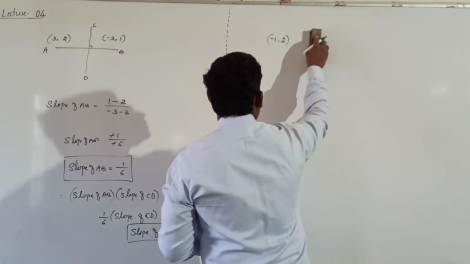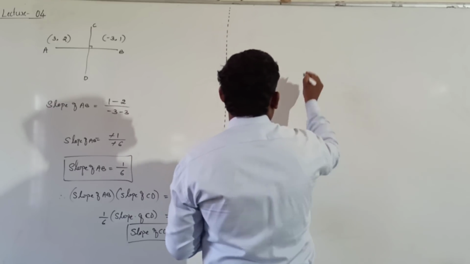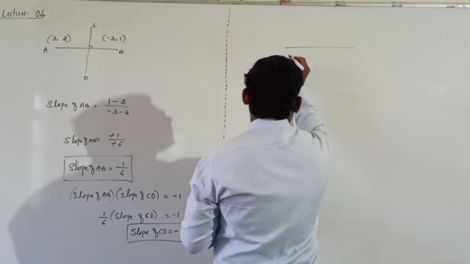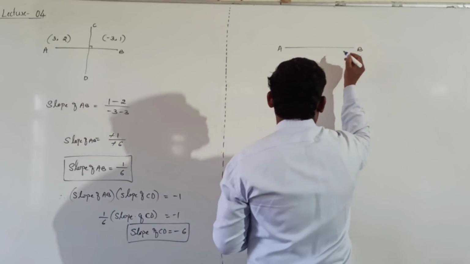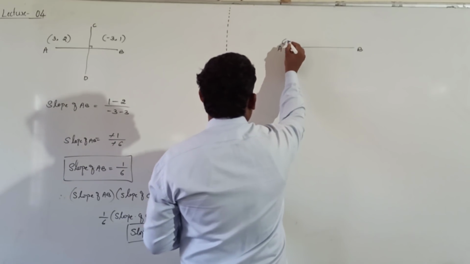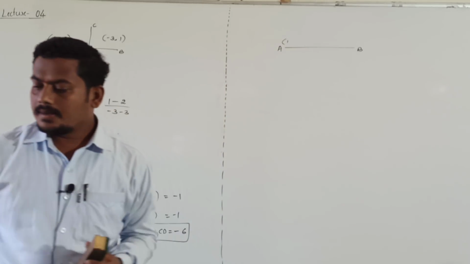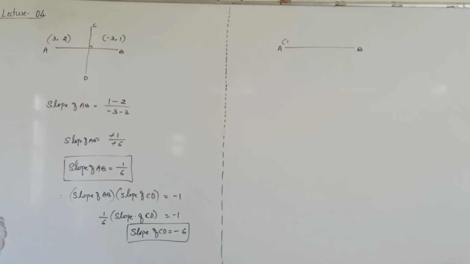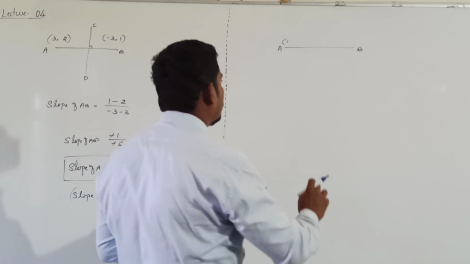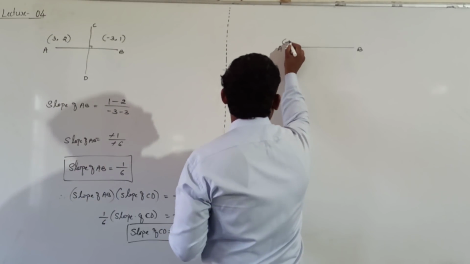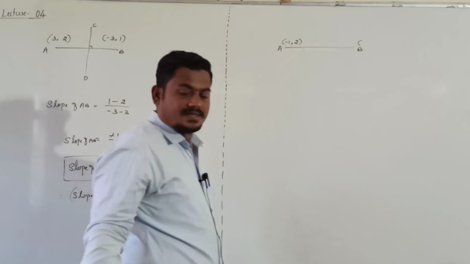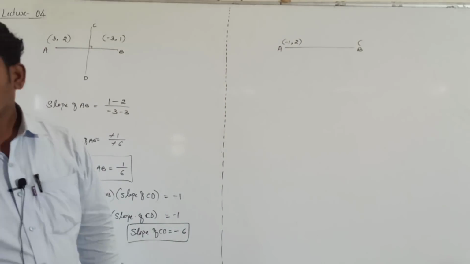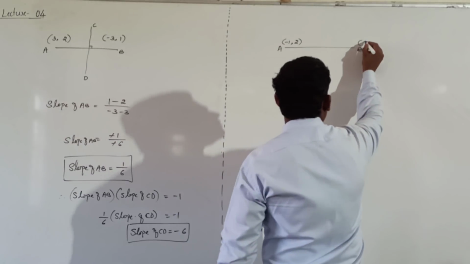Clearly, it is the line joining the given 2 points. I will take the first point A and the second point B, whose coordinates are: A is minus 1, 2, and the coordinates of B are 2, minus 3, right?